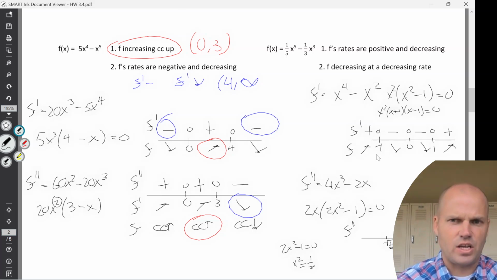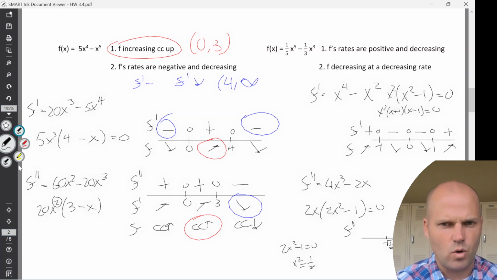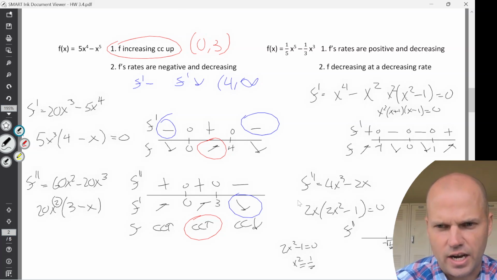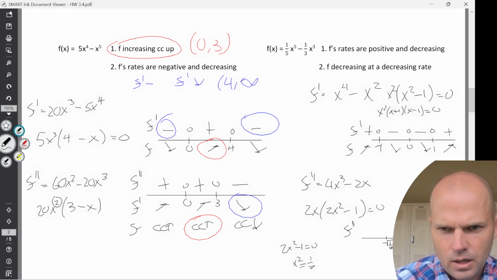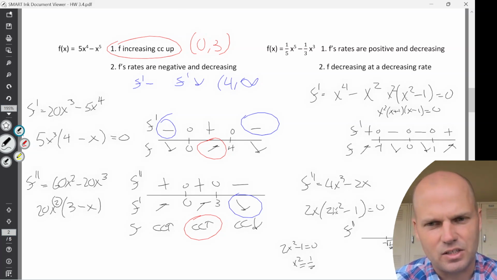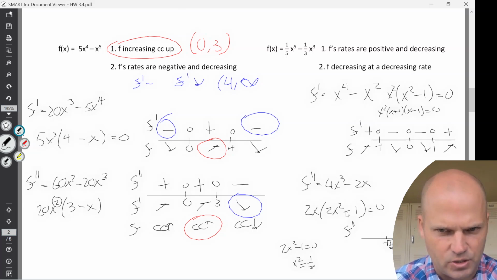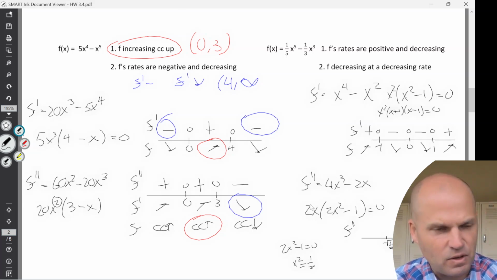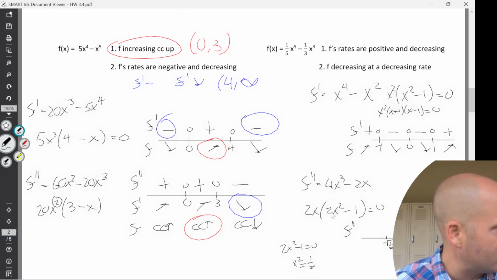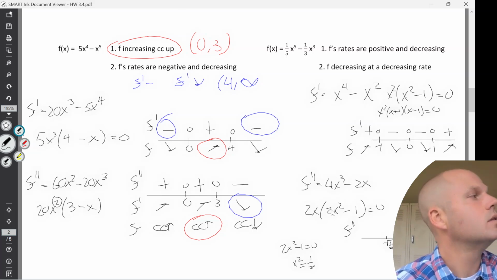Those values are definitely in between 0 and negative 1. I can see I'm probably going to change signs, but I could check. Plug in a positive, positive, positive, great. I can see the square, but if I plugged in something very, very small and subtracted 1, it'll be negative. Something very, very small and positive will be positive. So I can see I'm going to change signs here. And I can see I change signs here. If I plug in something very, very small and negative, square it, times 2.